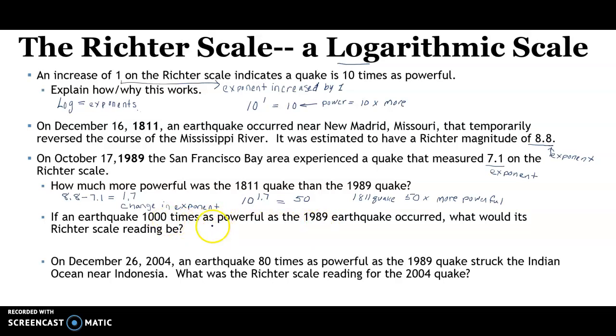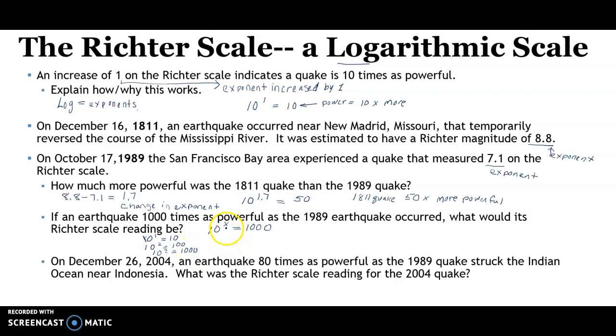So 1,000 times, I need to know 10 to what power would equal 1,000. We probably know that one without using a calculator. We know that 10 to the first equals 10, we know that 10 squared equals 100, and so we know that 10 cubed is equal to 1,000.